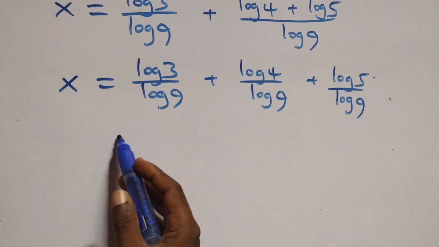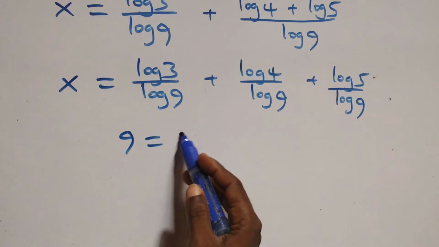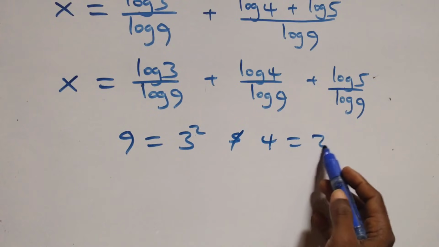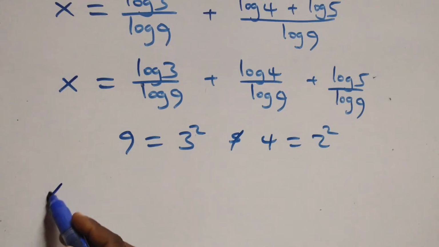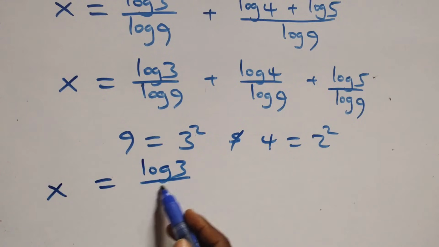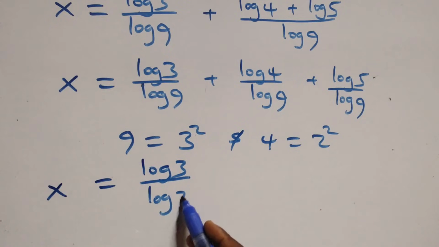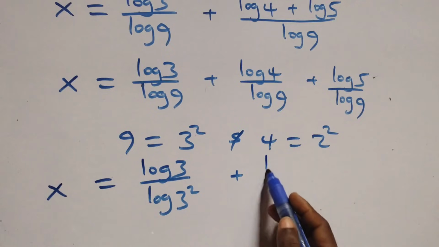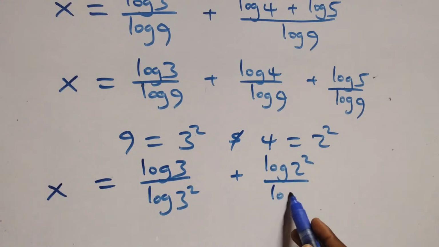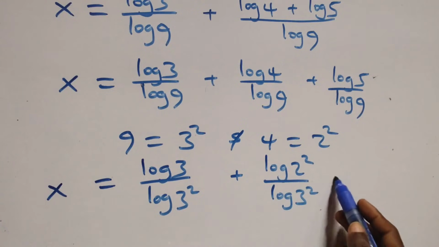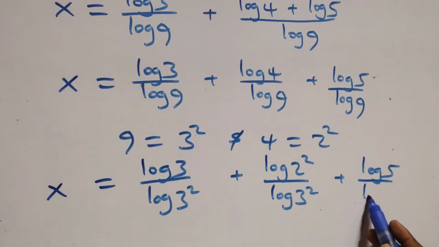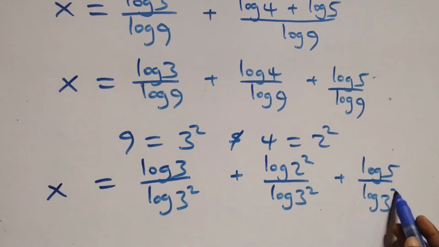Next step here, we can write 9 as 3 times 3, that's 3 squared, and 4 as 2 times 2, that's 2 squared. And what we have becomes x equals to log 3 over log 3 squared plus log 2 squared over log 3 squared plus log 5 over log 3 squared.